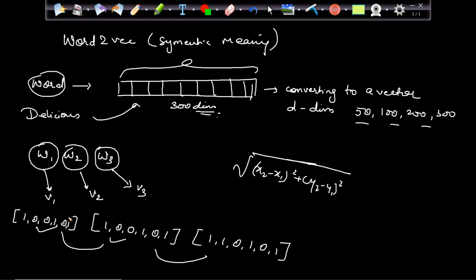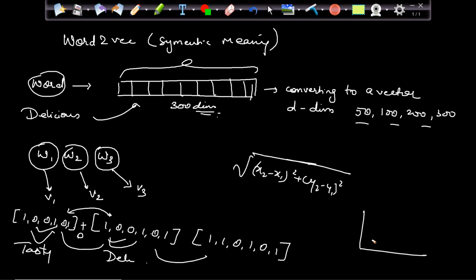And I see that these two words are exactly the same: 100, 101, 100, 101, 110. So this word is different. So obviously the distance between this and this will be 0, and the distance between this and this will be not 0. So obviously these two words are same words, right? So that is basically the whole idea. Maybe this word can be tasty and this word can be delicious.